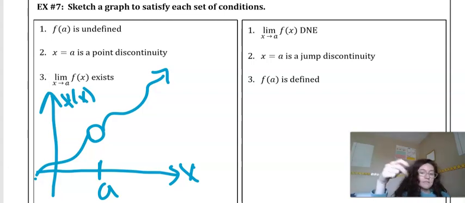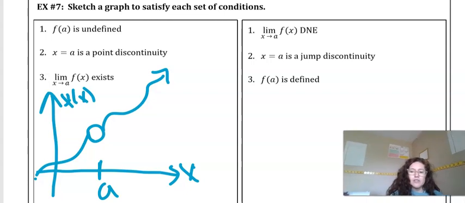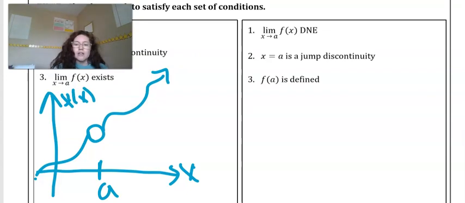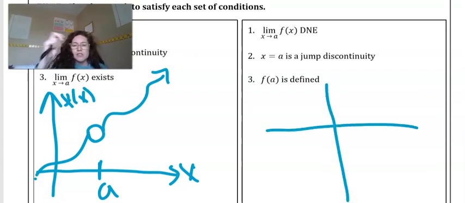Okie dokie. All right. Now the second one, they were more specific that it has a jump. Let's see if I can move my face over here this time. You can just stop. All right. Of course, you've thought about it. Now this one is saying that the limit does not exist at a. It has a jump discontinuity and a is defined.